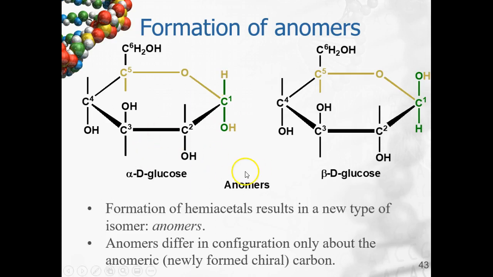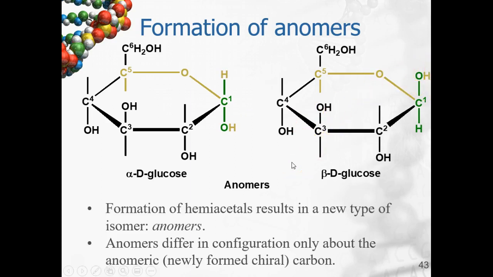So now we have a new kind of isomer called anomers. I drew my alpha D-glucose and my beta D-glucose next to each other, and you can see that the only difference is the configuration around the anomeric carbon. So for carbon number 1, if the OH ends up below the plane of the ring, it's alpha, and if it's above the plane of the ring, it's beta.